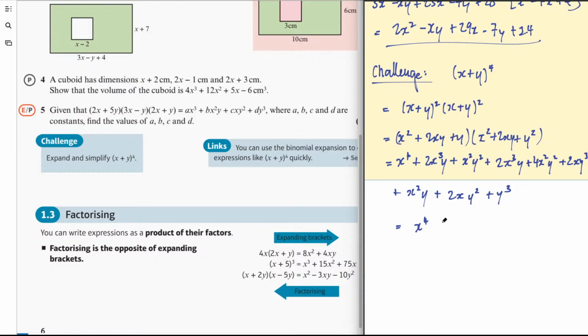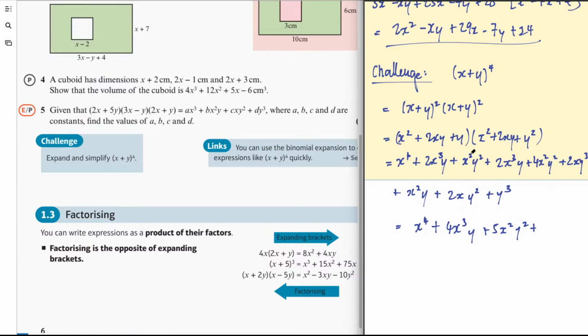So x to the power 4, plus 4x cubed y plus 5x squared y squared. I always make mistakes with these.